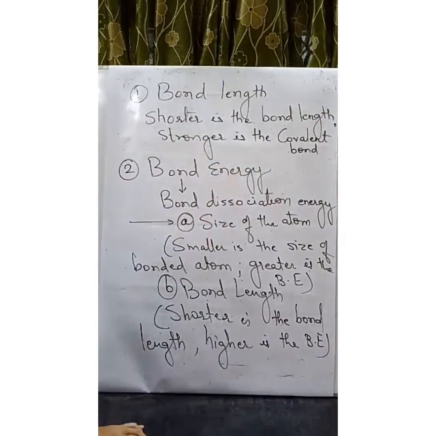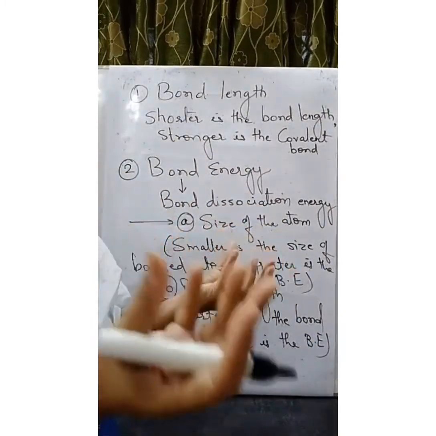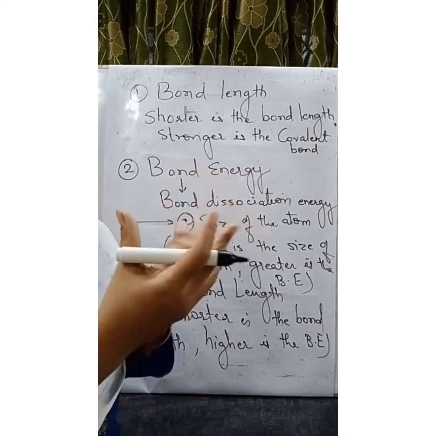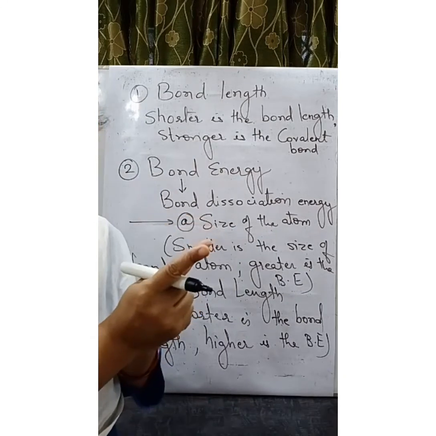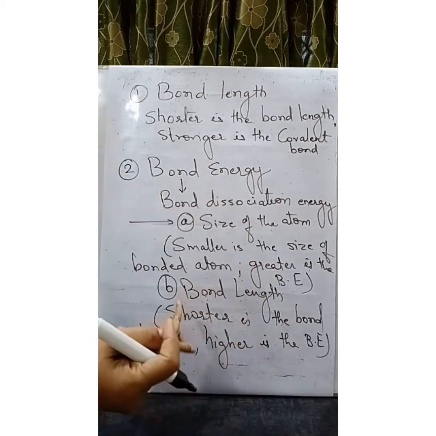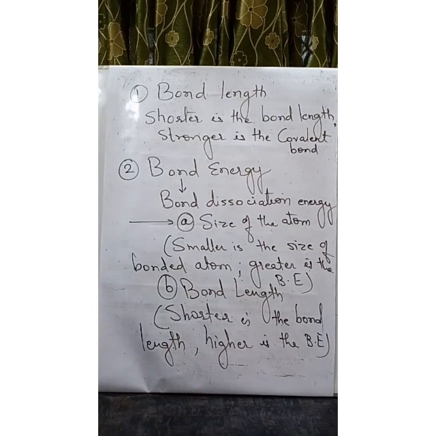That means we can say if two atoms, two nuclei which are bonded, are smaller in size, obviously the bond length between them will be shorter and more energy will be required to break the bond.